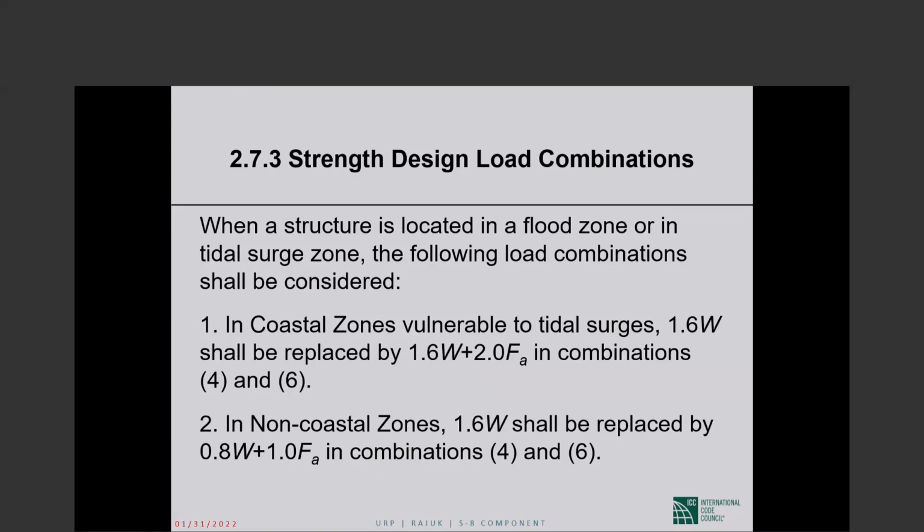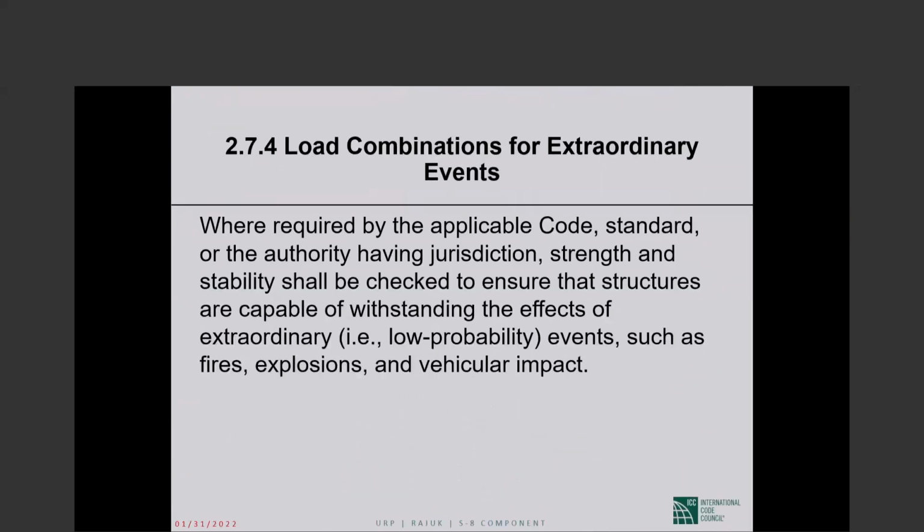In combinations 4 and 6, I won't go back there, you can look that up. In non-coastal zones, 1.6 W shall be replaced by 0.8 W plus 1.0 F sub A in combinations 4 and 6. I will talk about that a little bit before I'm through, but that's where I will leave it.